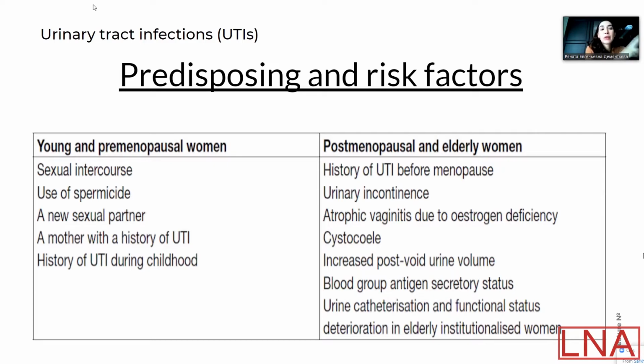For postmenopausal and elderly women, host factors include history of urinary tract infection before menopause, urinary incontinence, stasis of urine in the bladder, central nervous problems with bladder innervation, stasis of urine leading to a problem with infection, and atrophic vaginitis due to estrogen deficiency in the postmenopausal phase.